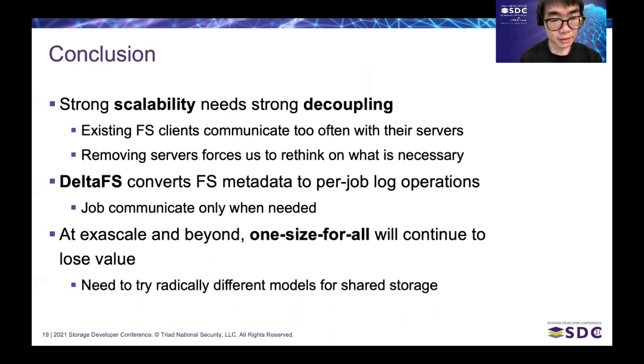So DeltaFS converts file system metadata operations to per-job log operations, and a job communicates only when it is needed. So we no longer implicitly maintain a global namespace for all jobs, just in case some job process needs to communicate with other job processes.